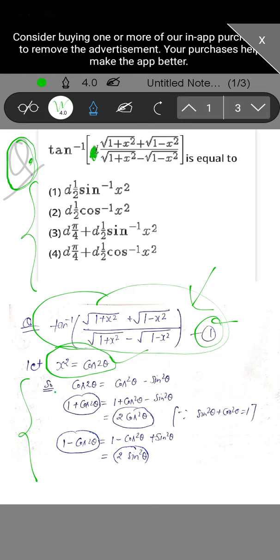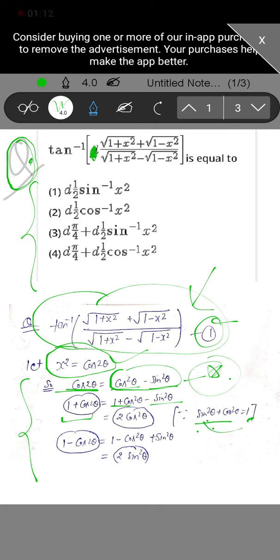As we know, the value of cos 2 theta is cos square theta minus sin square theta. This is a formula we know. We also know that 1 plus cos 2 theta can be written as 1 plus the value of this cos 2 theta. By using the formula sin square theta plus cos square theta is equal to 1, we can find from here the value of 1 minus sin square theta.